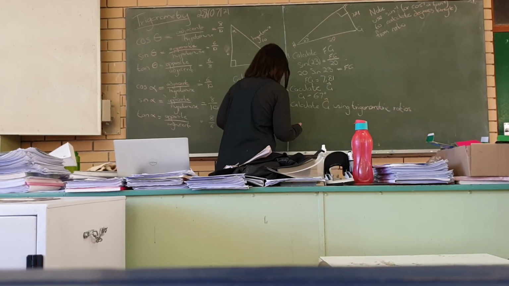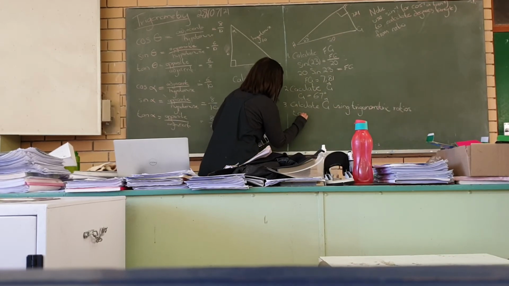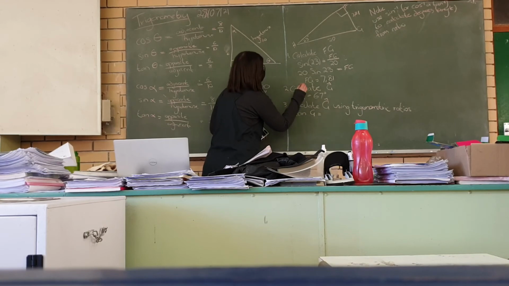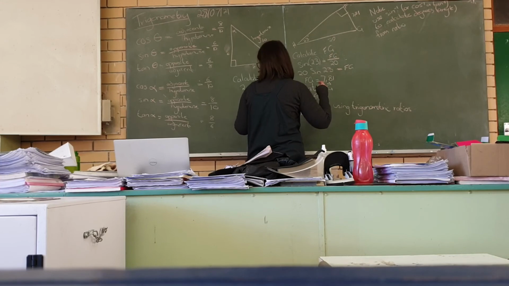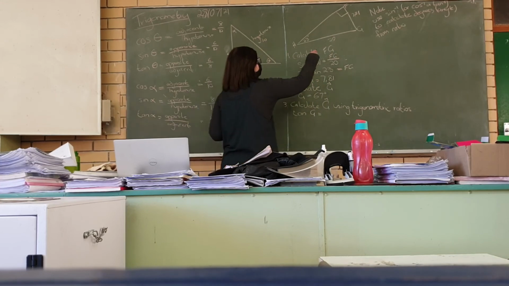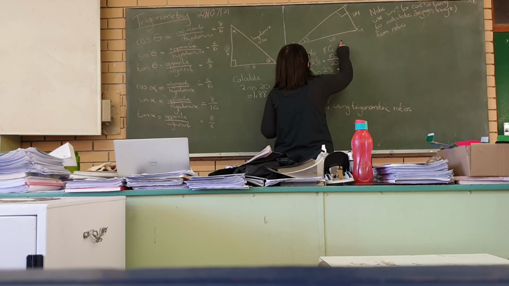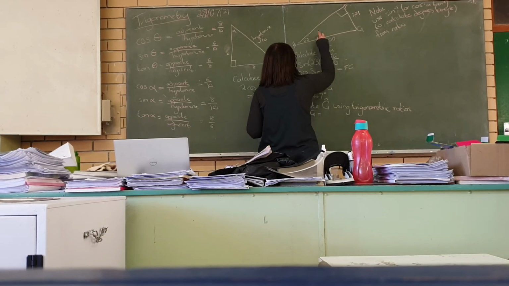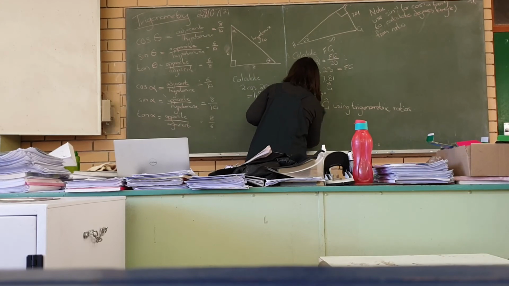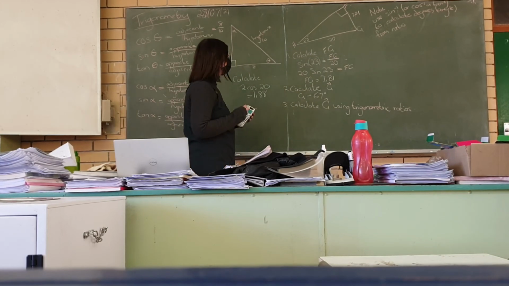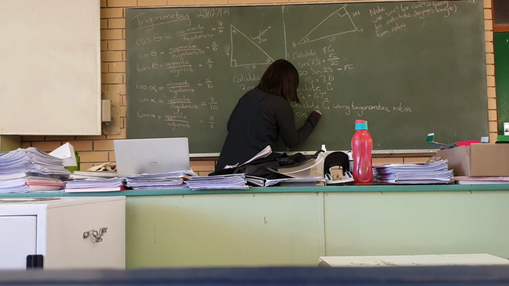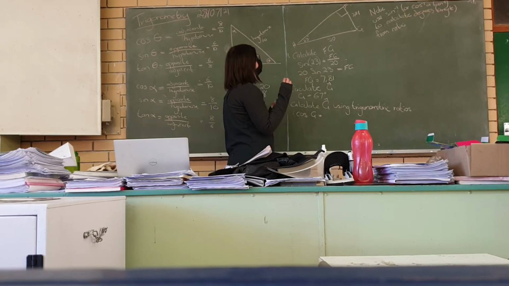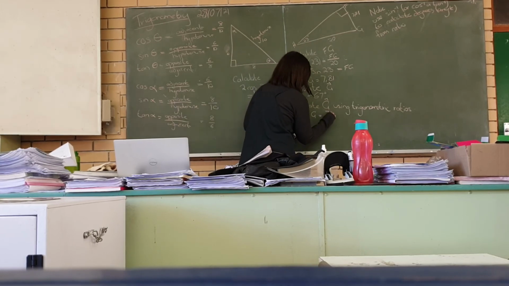So we can say tan G is equal to adjacent over opposite. Now I've gotten myself confused. Sorry. Alright, if we want to calculate G, then we use cos. Cos G is equal to 7,81 over the hypotenuse.